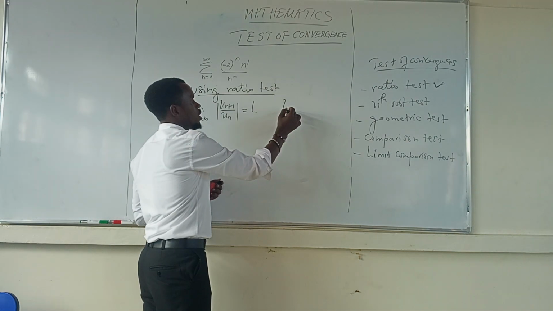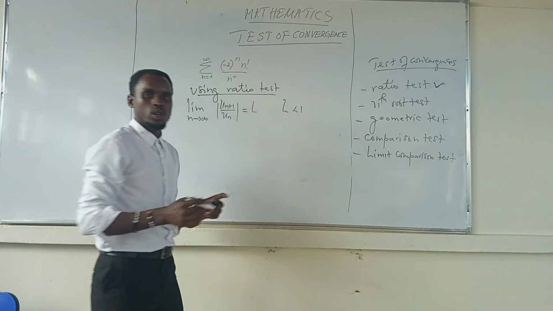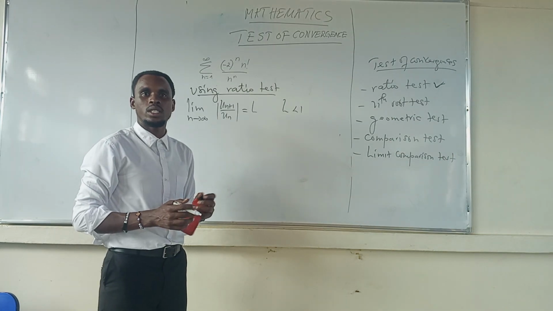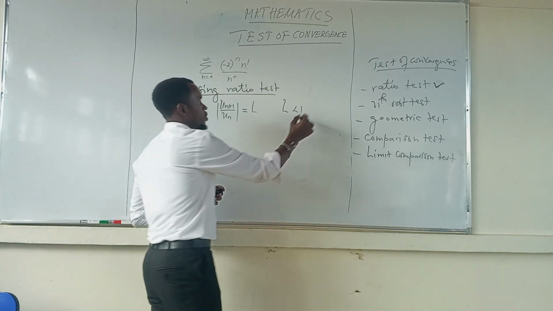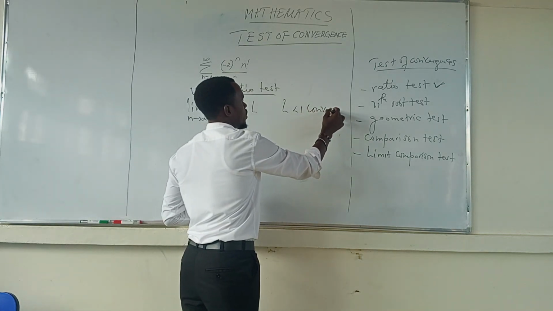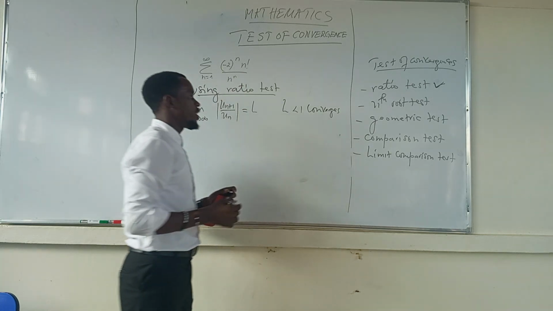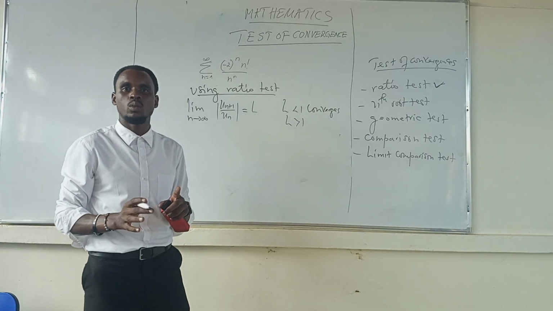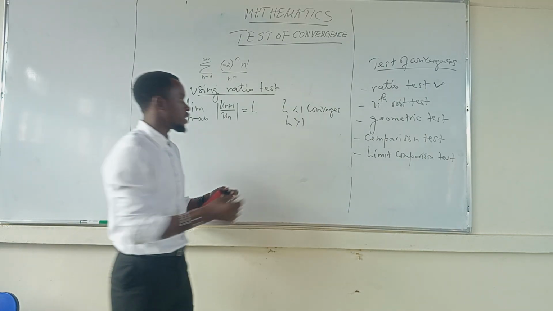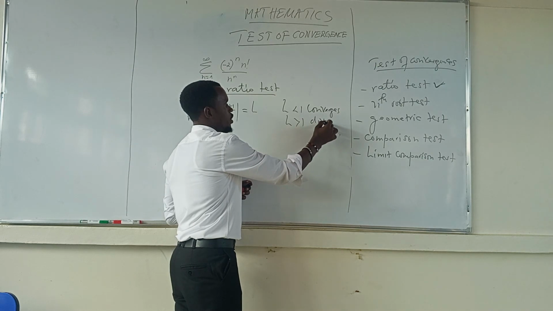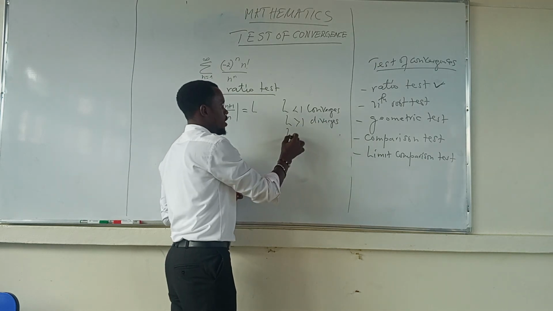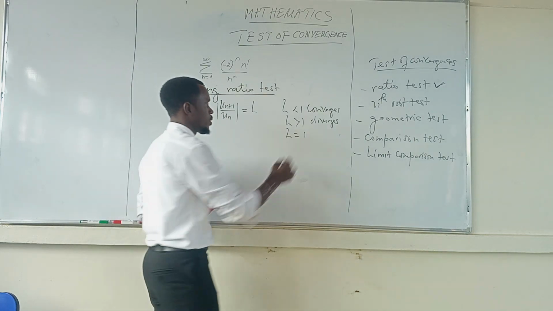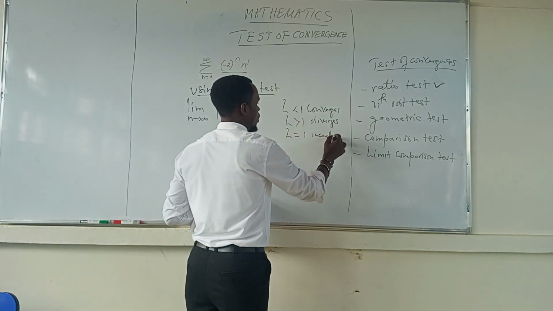Normally, when r is less than 1, you conclude that the series is convergent, or simply converges. And if r is greater than 1, you conclude that the series diverges. In case r is equal to 1, here it is inconclusive.